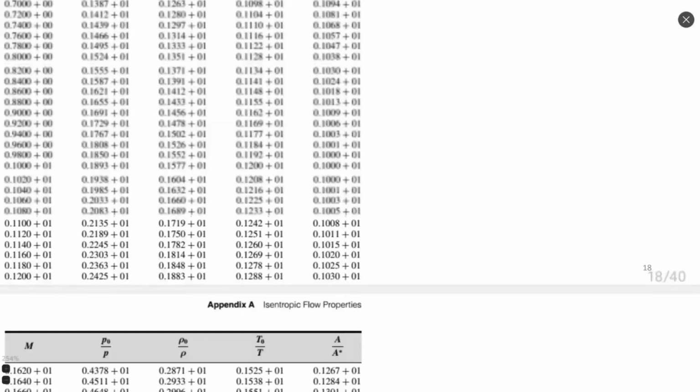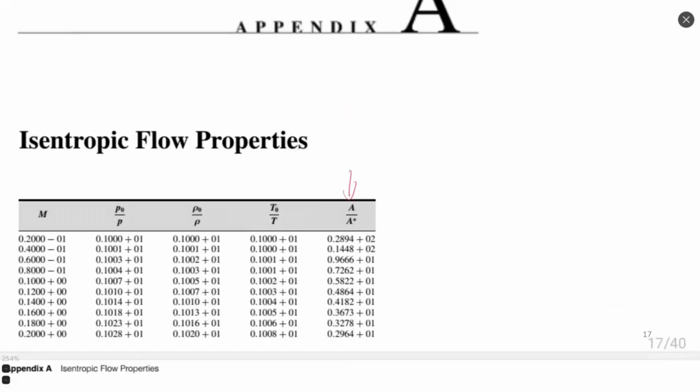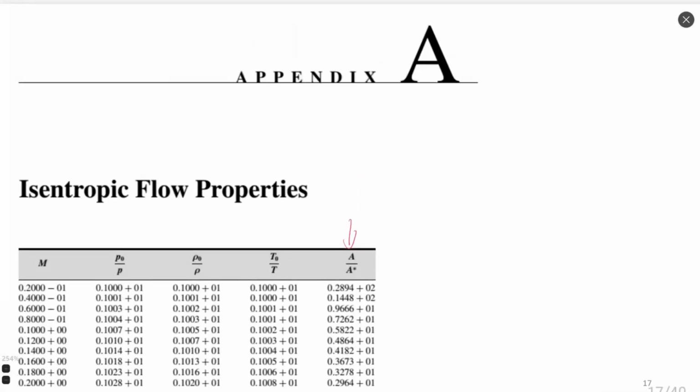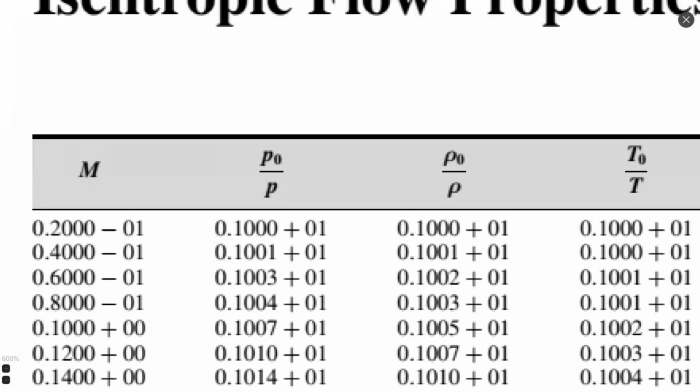What are these values? These values are all written in engineering units. Just to be sure that all of you understand what engineering units are, I will explain one time. What does this 0.2, minus 0.1 mean? This is a coefficient. 0.2 is a value.